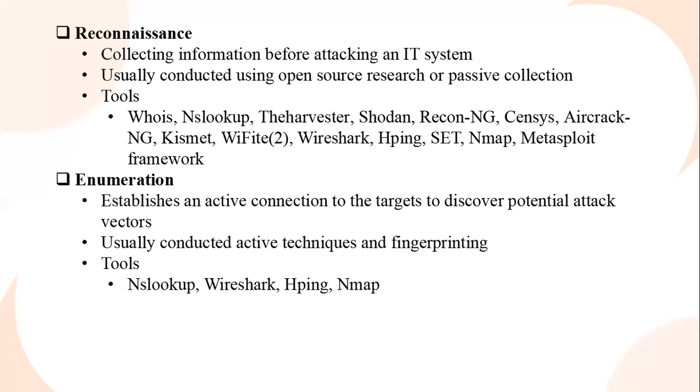Aircrack-ng, you could use that for wireless reconnaissance. Aircrack-ng, Kismet, Wi-Fi, there are tools in the Kali Linux box. If you run these tools, they will tell you, for instance, if you want to crack a wireless router, you need to understand what encryption method the router is using. If it's WPA2, it's a little bit harder to crack.